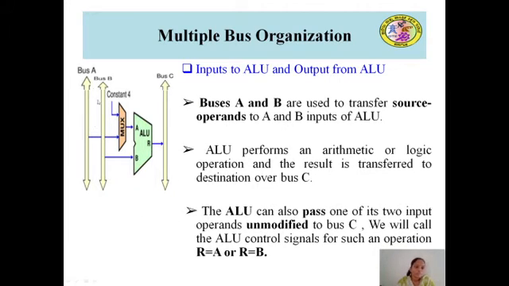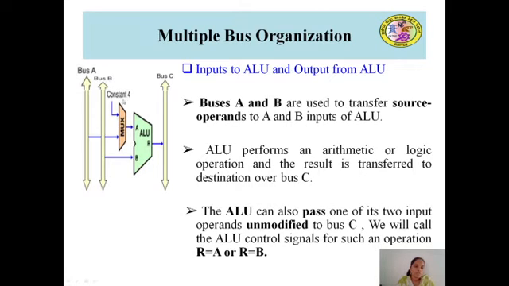If we want to access the content of bus A, the multiplexer selects the content of bus A and passes it as its output, which is given as input to the A input of the ALU. To supply this A input, we have a multiplexer with two inputs. One is the data transferred from bus A, and the other is a constant 4.